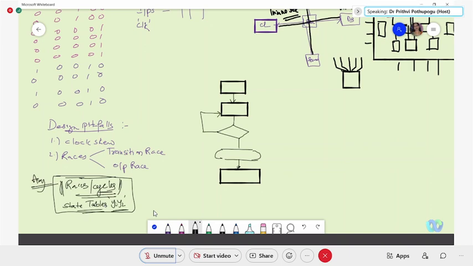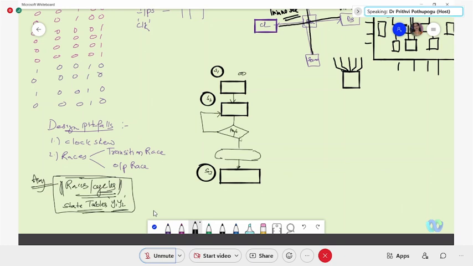If both change at the same moment, maybe there won't be any issue. But if y1 changes a little earlier than y2, or y2 a little earlier than y1, that analysis we have completely seen. The same element you put here also. Say we have some states 1, 2, 3 and so on, and this is an asynchronous input.